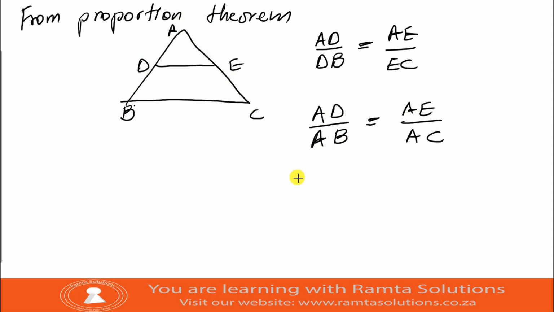Similarly, you can also say AB over BD is equal to AC over CE. It's proportional to CE. So this is how you use your proportion theorem.